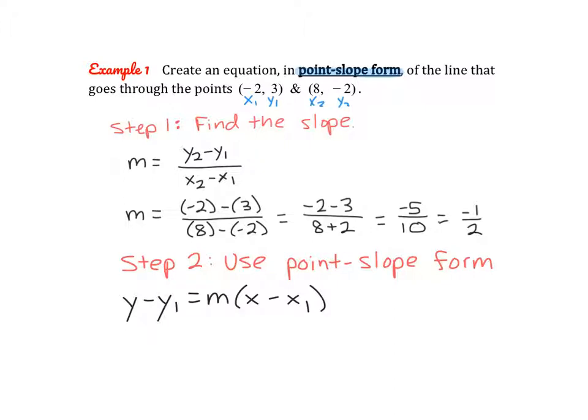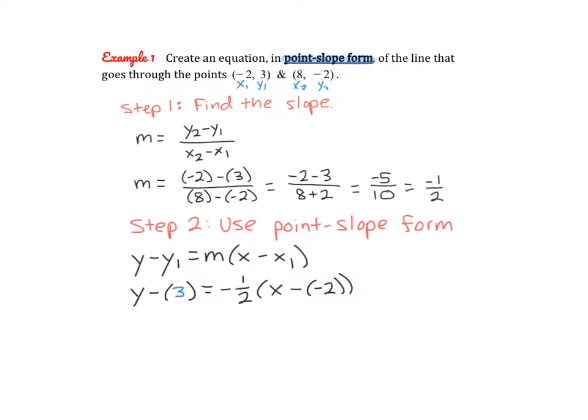So now we need to substitute. So we have y minus, I see that y1 is 3, equals m, which is -1/2, times x minus, and I see that x1 is -2.